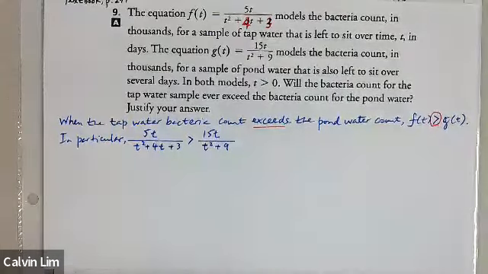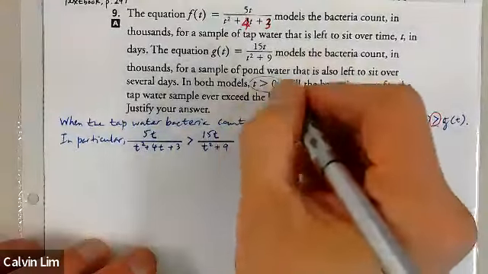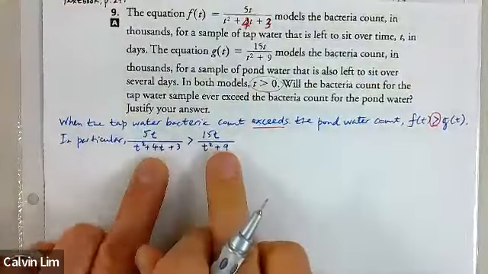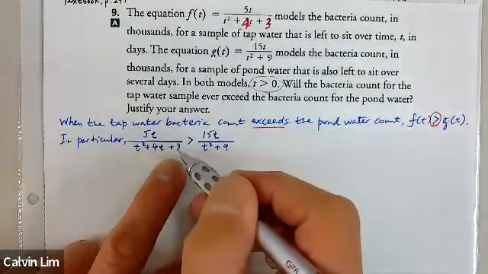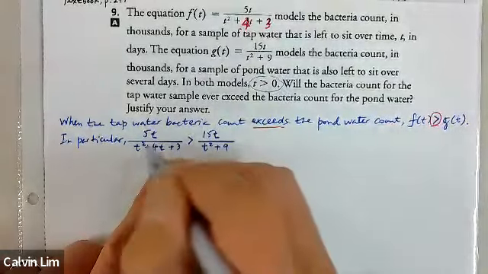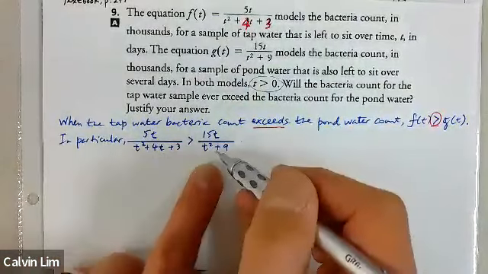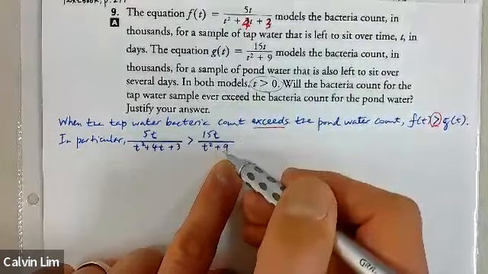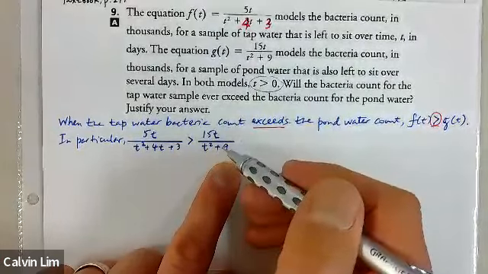Since t is greater than 0, let's look at each denominator. t squared plus 4t plus 3 will always be positive. What about t squared plus 9? This will also always be positive. So in fact, you can cross multiply.